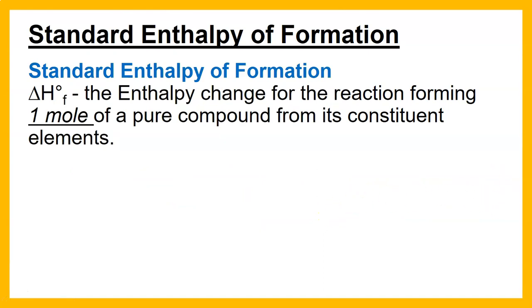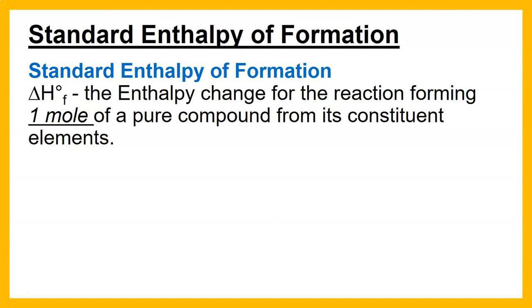One of the things that's important to understand is that when we're doing these enthalpies of formation, how much energy is involved when we make a compound, we are trying to make 1 mole of that compound. And we're trying to make it from its basic elements. That may require us to do some weird things with our equation, because if we make 2 moles, it's no longer standard anymore.